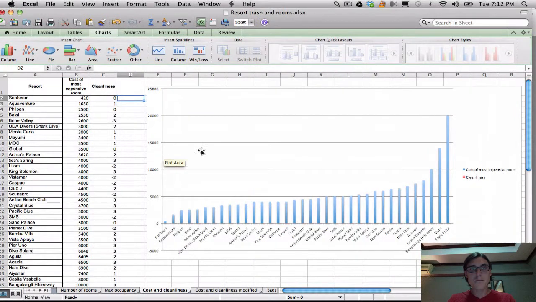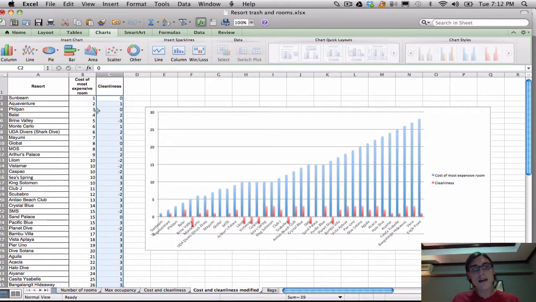So I wanted to represent that in a graph form, but when I did that, you'll notice that because the most expensive rooms are so high in number, it was hard to show two bar charts next to each other. And so what I did was I modified the data, and you can do this as long as you say that you've done this in your analysis.